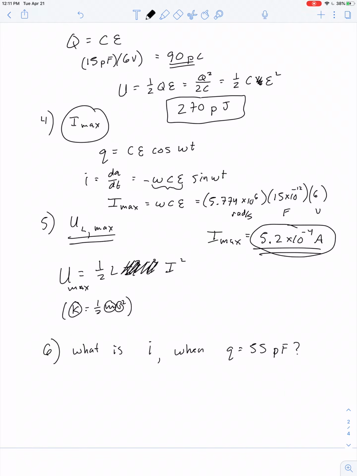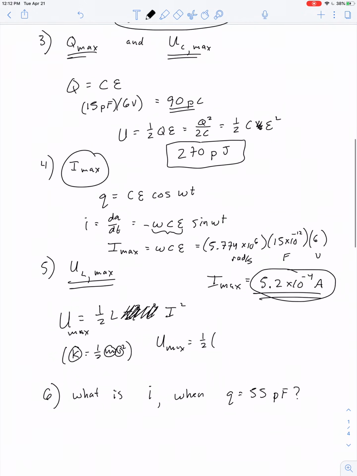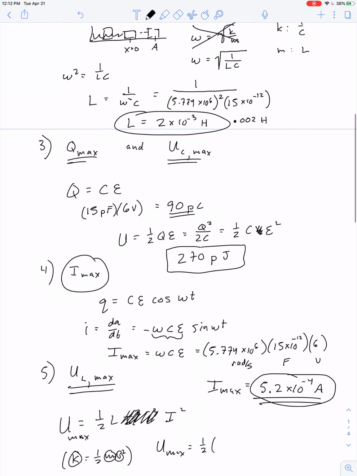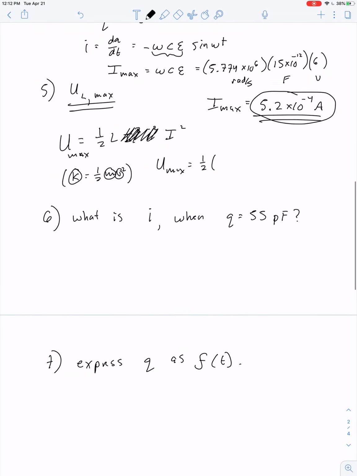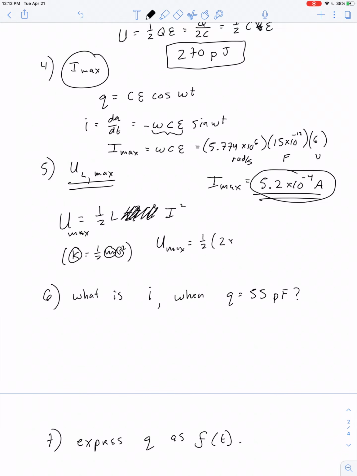Okay, so let's plug in the values we have. The maximum amount of energy in the inductor is 1/2 times, what was our inductance? Oh yeah, 2 millihenries, 2 times 10 to the negative 3rd henries, times 5.2 times 10 to the negative 4th amps, squared.